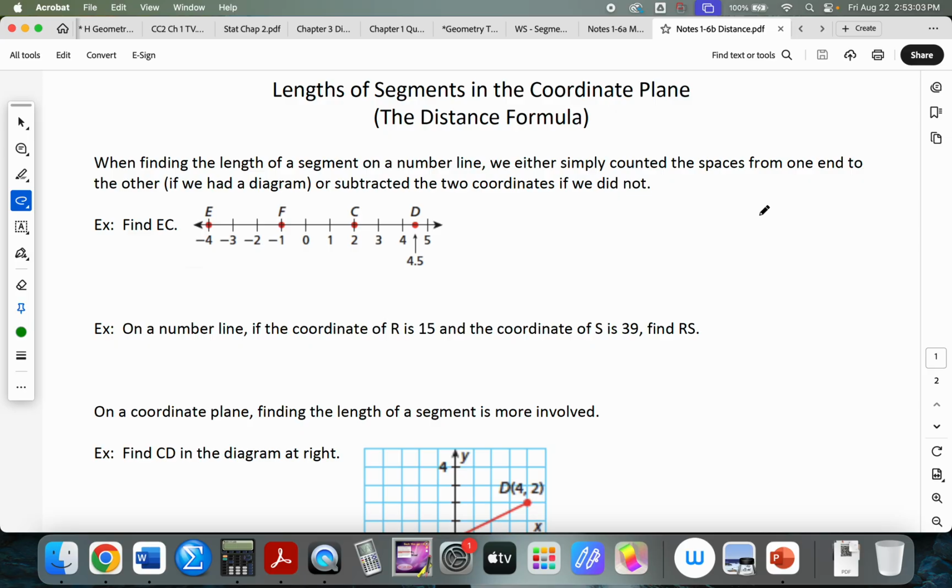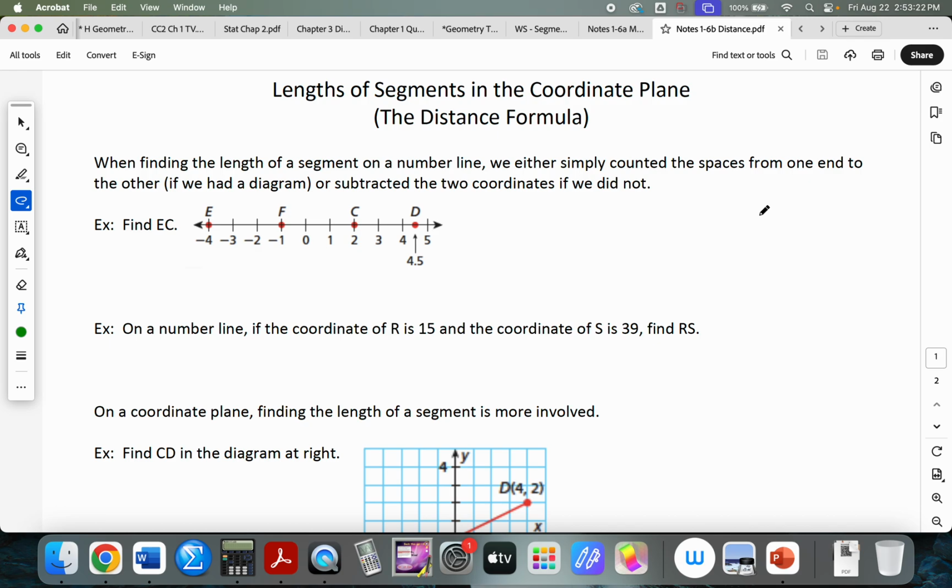So let's go on to the one that is a little bit more complicated. So here we're going to try to find the length of a segment in the coordinate plane. So this first part is just a reminder.